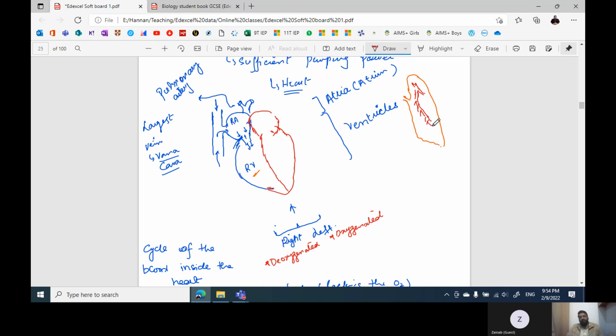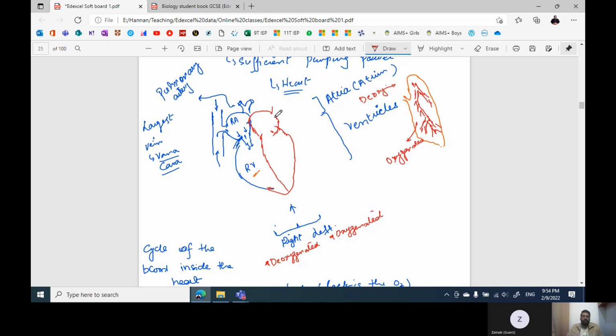Just look at this, like this. These are completely filled with capillaries. Blood enters into the lungs as deoxygenated, and when it leaves the lungs, it is now oxygenated, and it would be going back towards the heart.